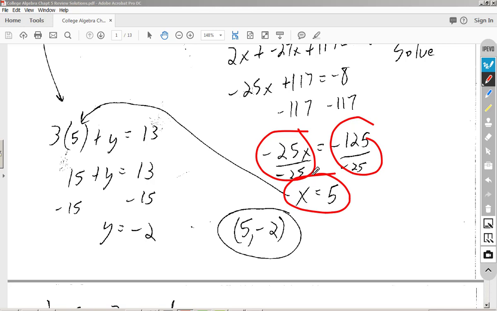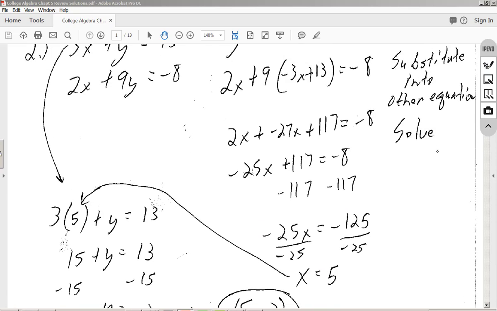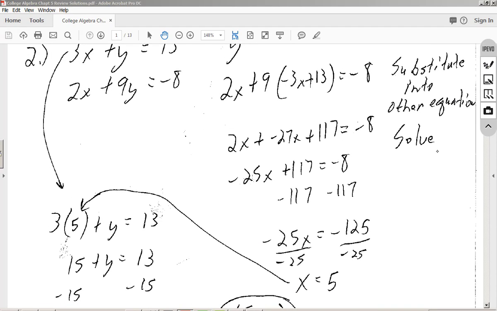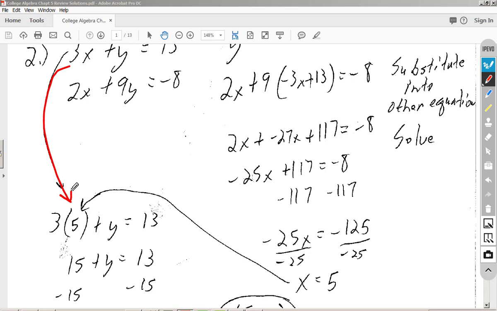Now that I know that x equals 5, I'm going to substitute that into my equations. The equation that I chose to substitute it into is 3x plus y equals 13. I wrote that equation down here, and I substitute my 5 in for x.